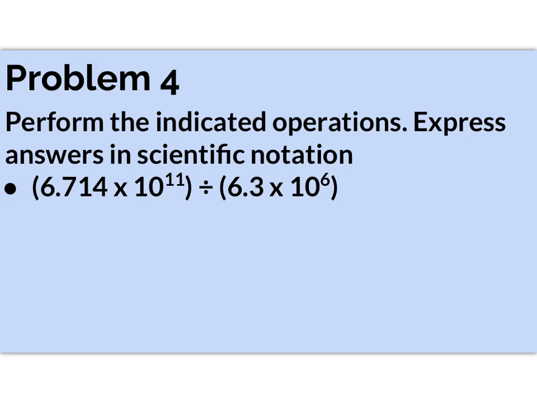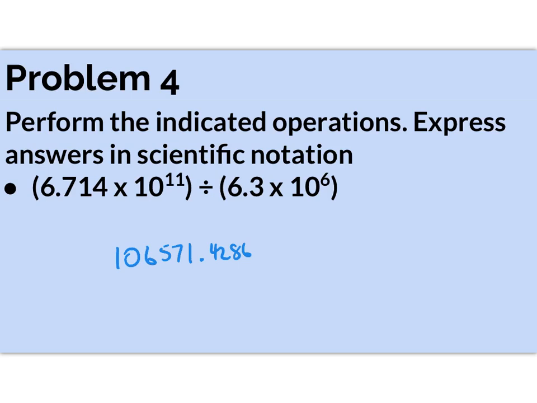So again, left parentheses, 6.714, second comma, which gives you a little e, and you type 11, close the parentheses, hit the division sign, which is a backslash, left parentheses, 6.3, second comma, 6, close the parentheses, and you'll get 106,571.4286. You get a lot of numbers here.